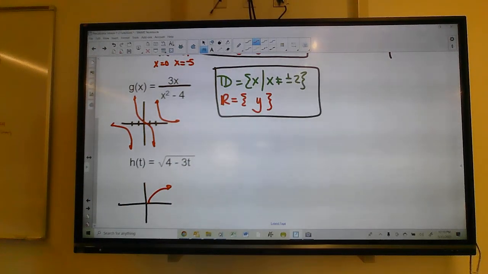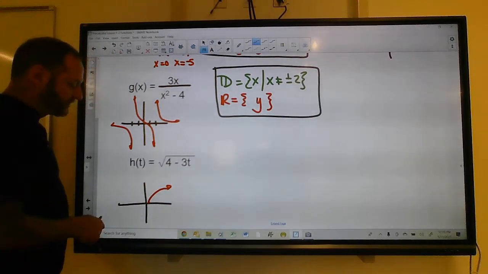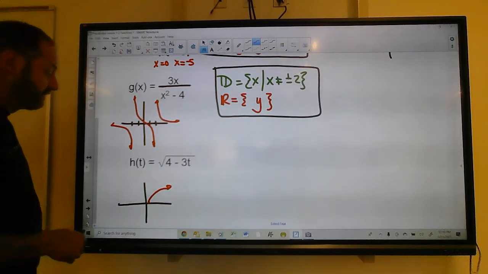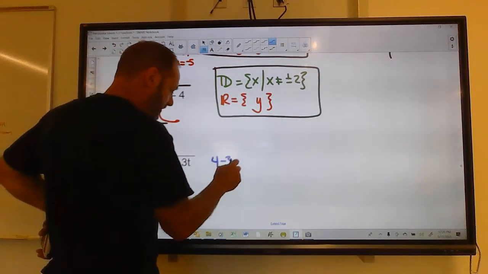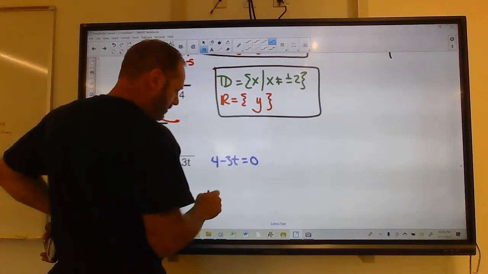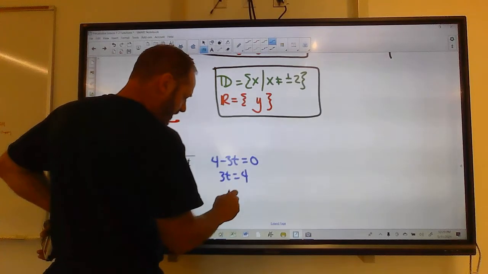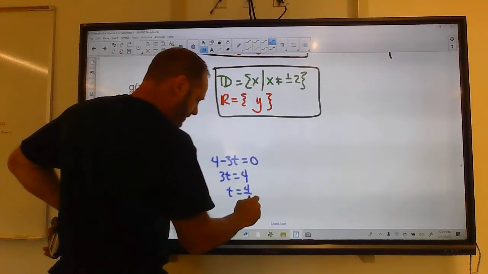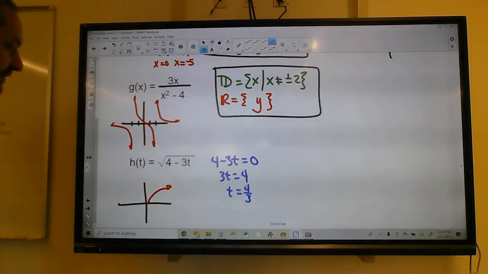Okay, so we've got to figure out where this thing is equal to 0, because this thing can never be negative. So we're going to take 4 minus 3t, set that equal to 0. If I add 3t to both sides, I get 3t equals 4, and then I divide by 3, it's 4/3. Okay, so 4/3 is where this thing is 0.